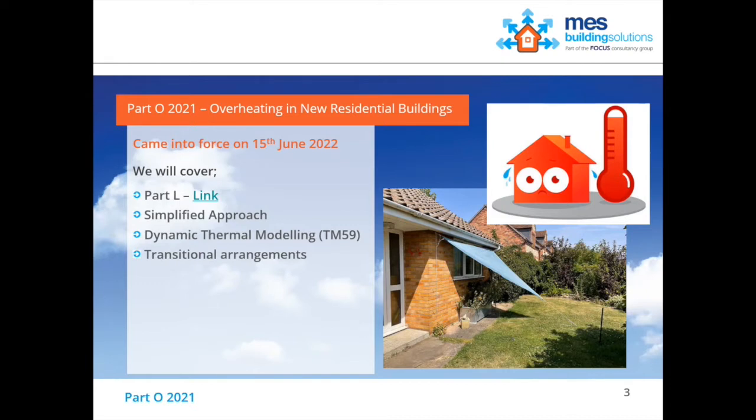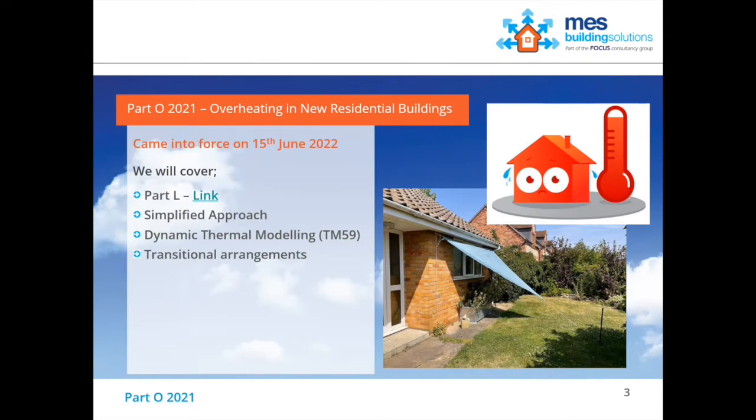And obviously this is fairly topical, really, isn't it? This year we've had record-breaking summer temperatures, which is probably something that's only going to continue to go in one direction in terms of climate change and the impact that has on our climate.